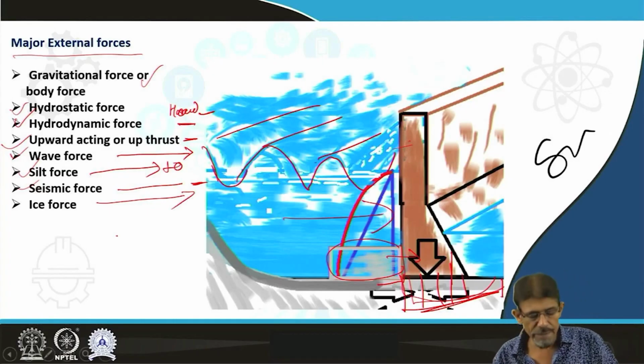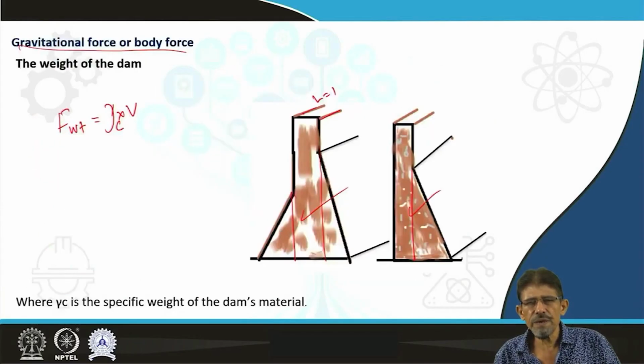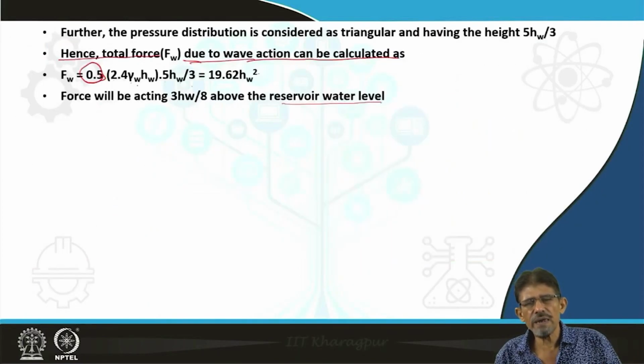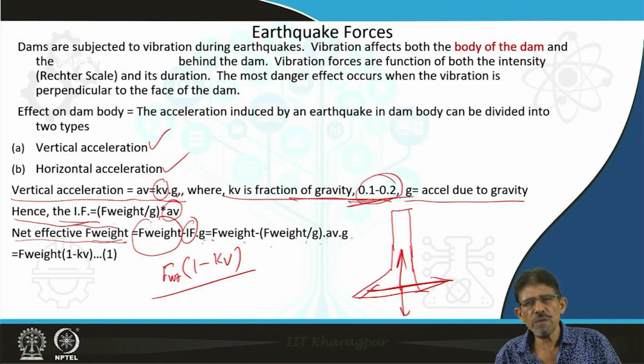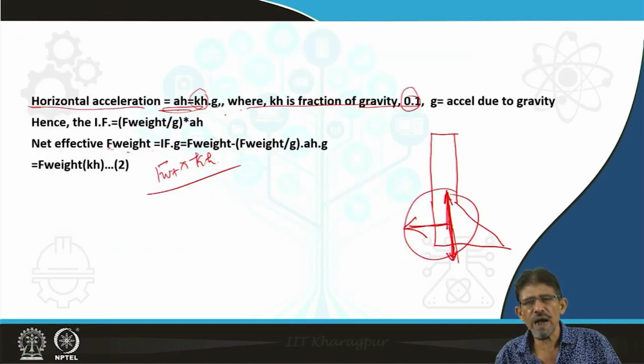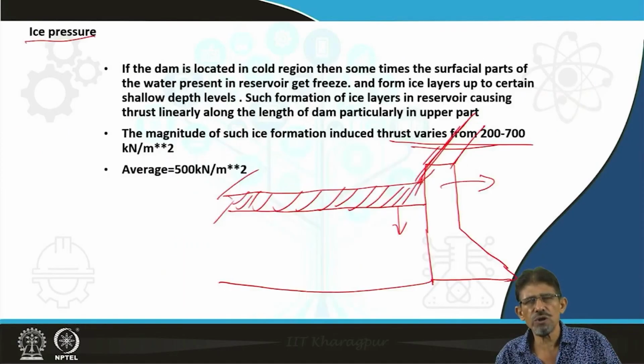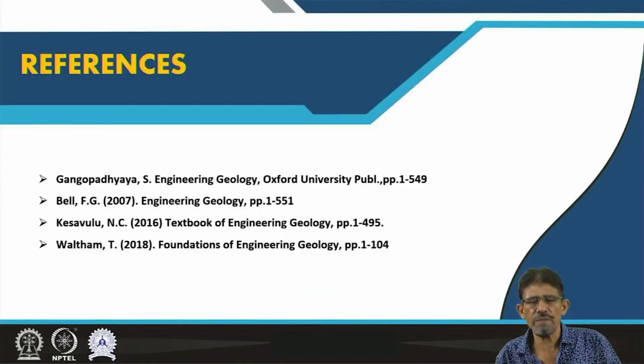So except gravitational force, except this horizontal force acting on the tailwater side, and silt pressure, which we are going to neglect, all other forces are going to disturb the stability of the dam.